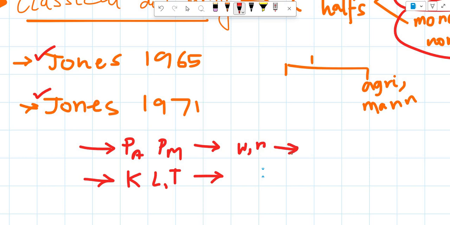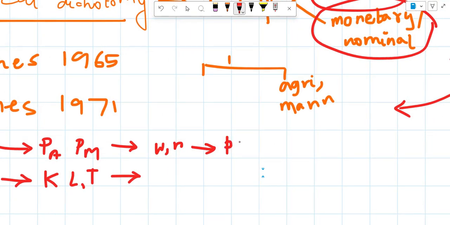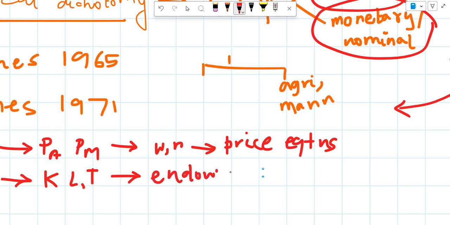So these are called the price equations. And then you have the endowment equations, or you can also call them the output equations.